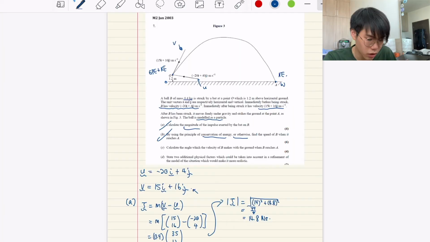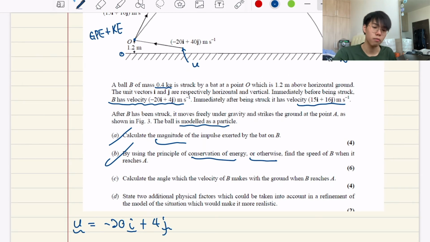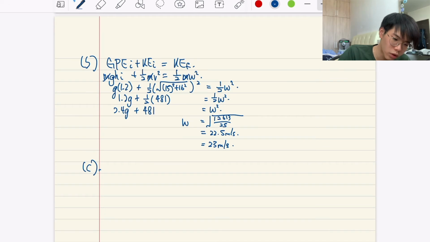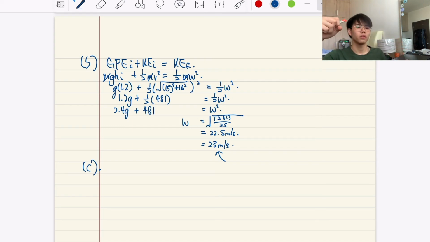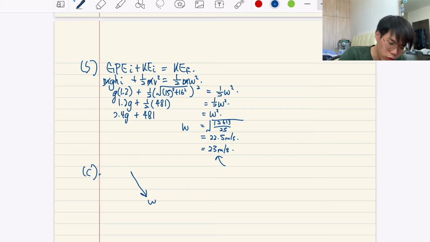Done. Okay, now C. Calculate the angle which the velocity of B makes with the ground when B reaches A. This means we need to separate this w into two components, because the velocity w will form an angle with the ground, which is theta.